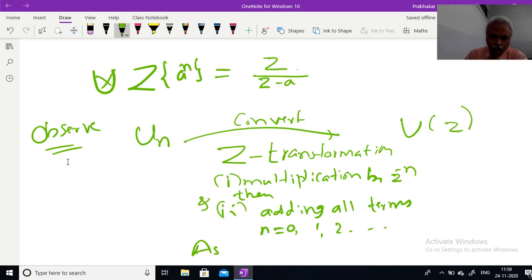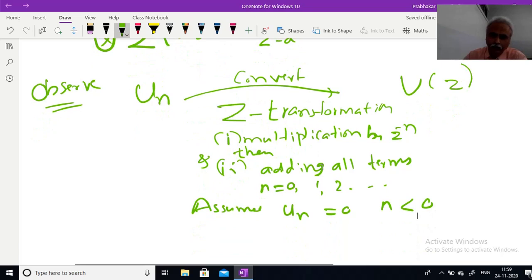We assumed that this un is 0 for n less than 0. So why did you multiply by z raised to minus n? Need not multiply by z raised to minus n. If you multiply by z raised to minus n, you will get the z transform. You can multiply by some other multiplier and add with different notions here, and you will get your transform. You can define your own transforms. Why not try your own transform?